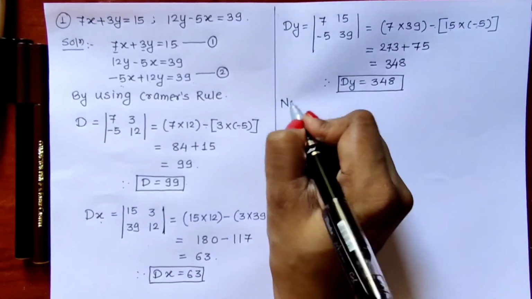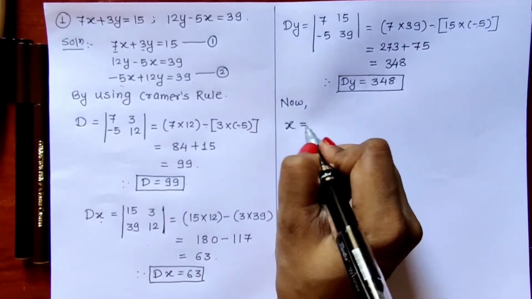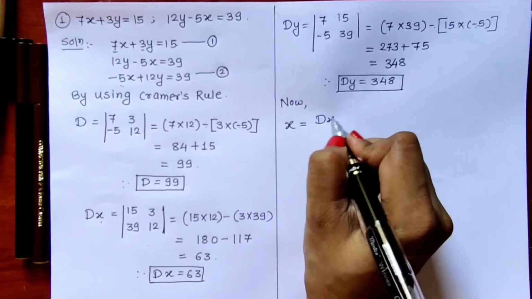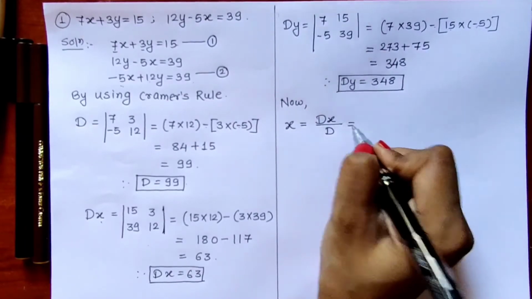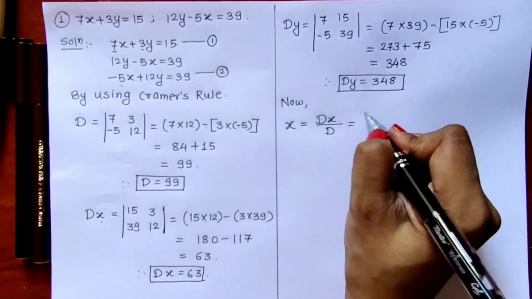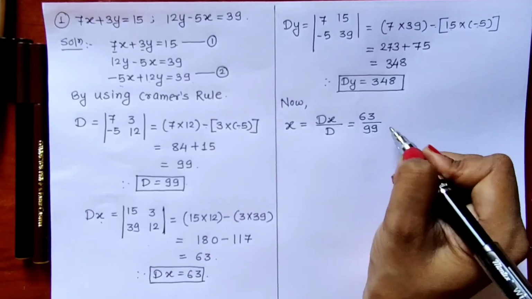Now after getting D, Dx and Dy, what should be done? Next step is we have to find the values of variables. X is equal to Dx upon D. This is the formula for x. So Dx is 63 upon D is 99. By which number can we divide?